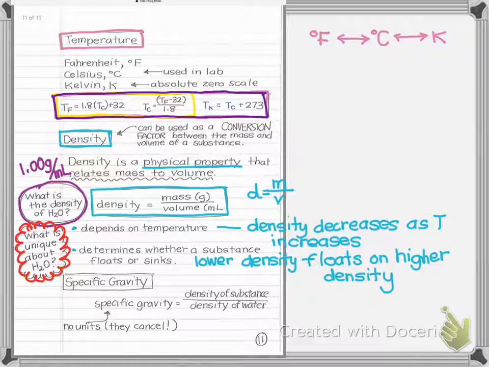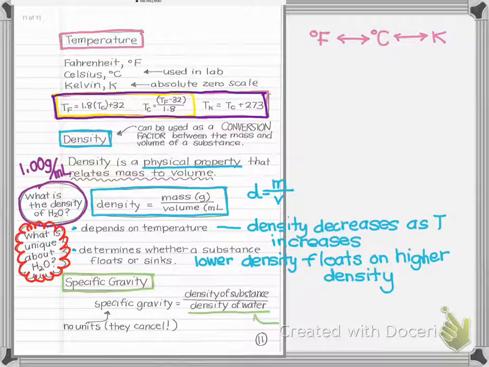Well, the other thing that's related to density, and on the next page we're going to do some calculations with density, but conceptually, the other thing that is related to density is called its specific gravity. And specific gravity is just when you compare the density of a substance to the density of a standard.